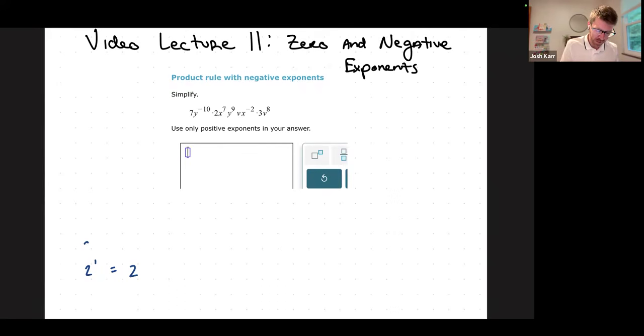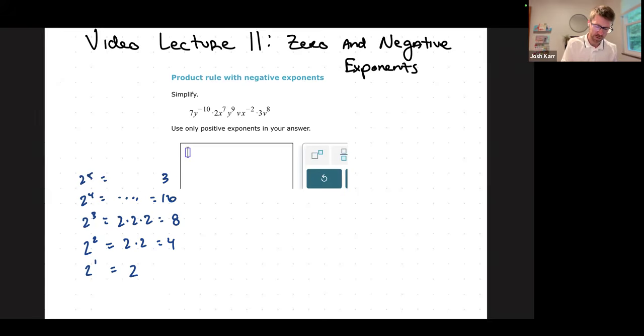And as we climb in power, 2 squared means 2 times 2. 2 to the third means that we're going to have 3 2's repeated in multiplication. And so on and so forth, right? And 2 to the fifth would be 32.